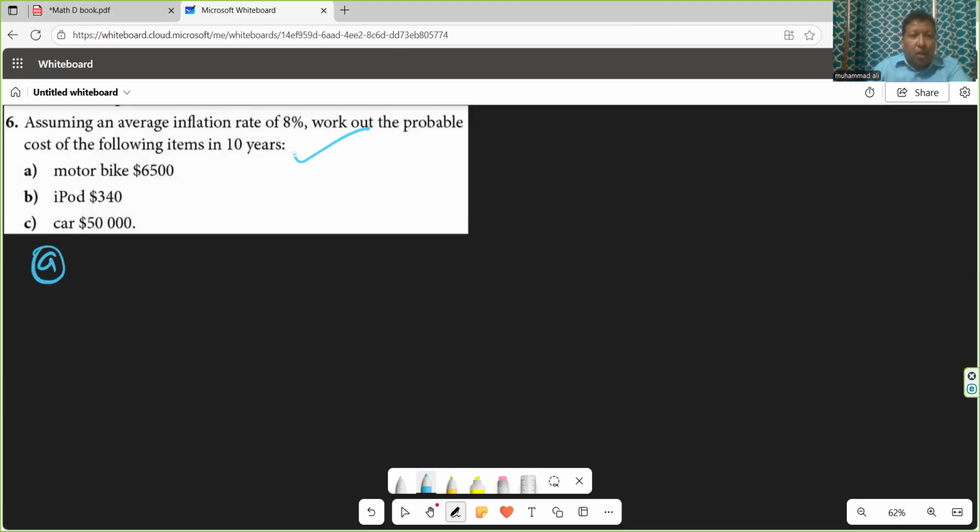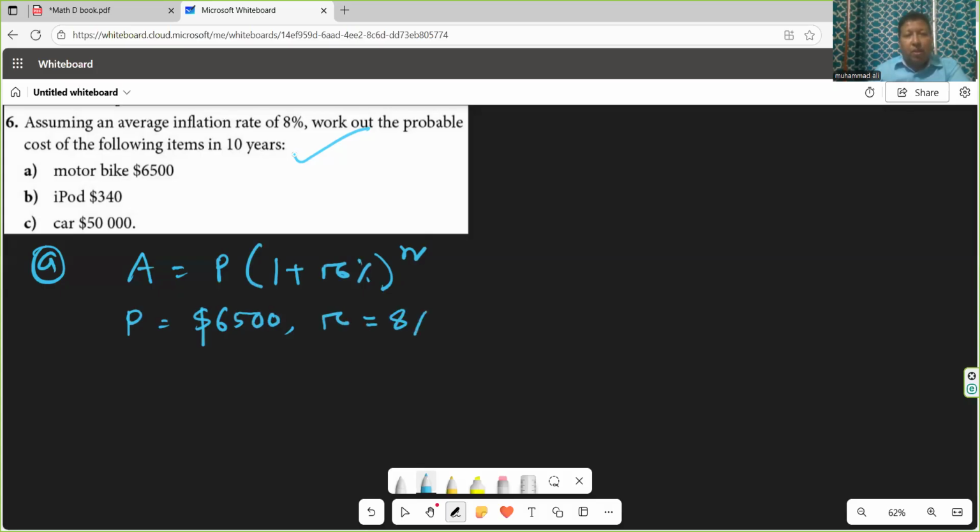So amount equals principal (1 + R%) to the power N. For the first maths, here the principal equals $6,500. Inflation rate equals 8%. So N equals 10 here.